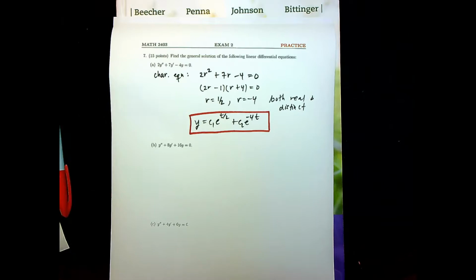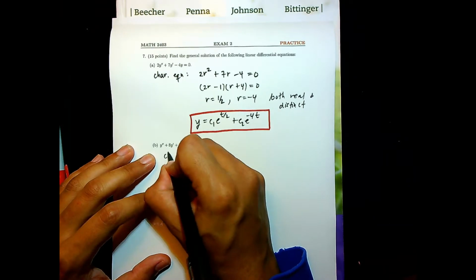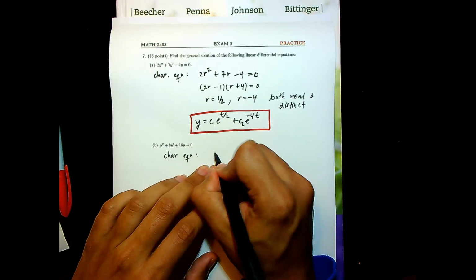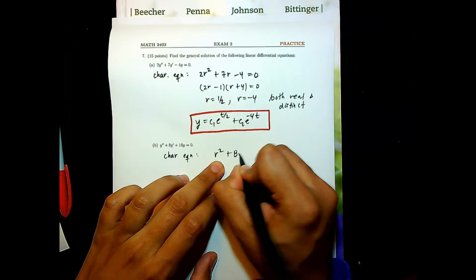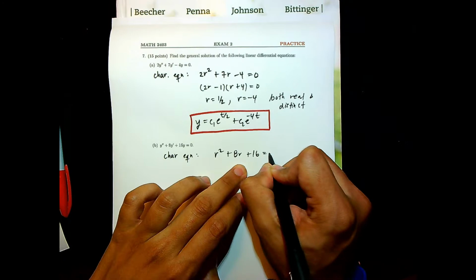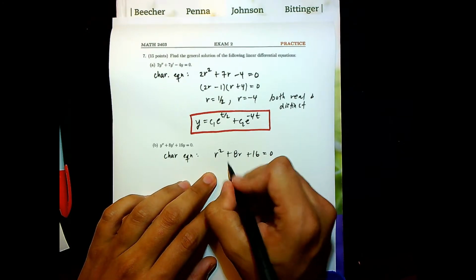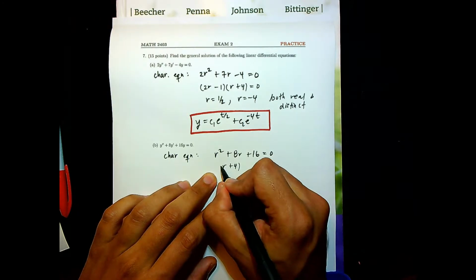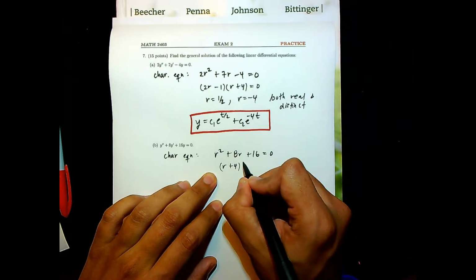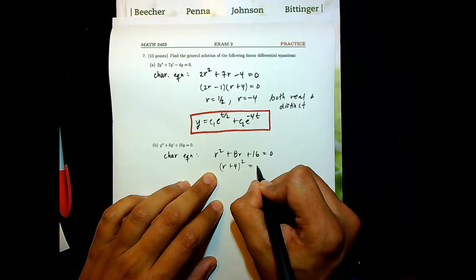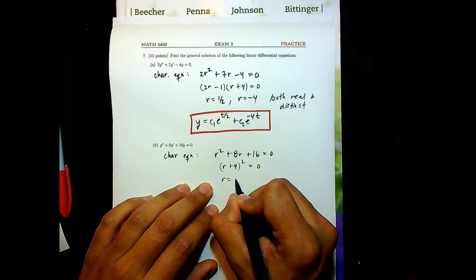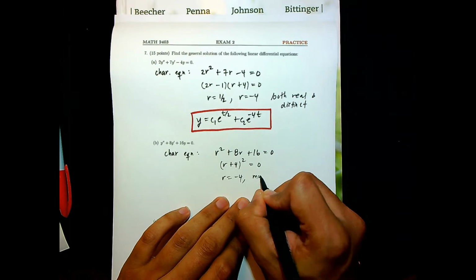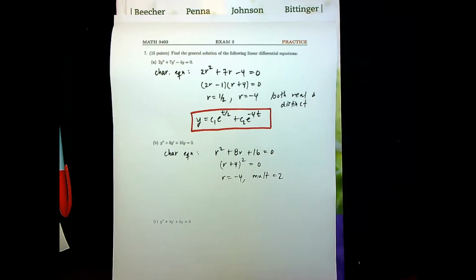Next one, the characteristic equation is r squared plus 8r plus 16 equals 0. This factors as (r plus 4) squared. So in any event, the solution is r equals negative 4. It's repeated, multiplicity 2.